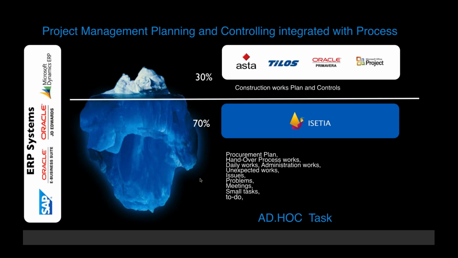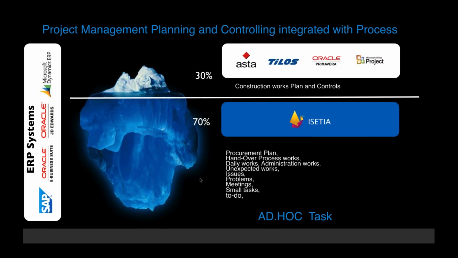You don't need to change the programs that you're using now to start using ISETIA, but you can use ISETIA to make your work easy, to control, for example, your small tasks, your issues, your problems, your processes like a handover process, like a procurement plan, or your daily works and every ad hoc task that you need.